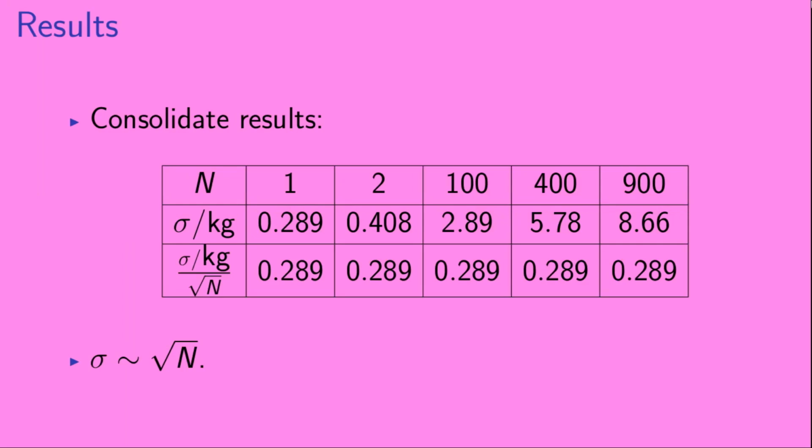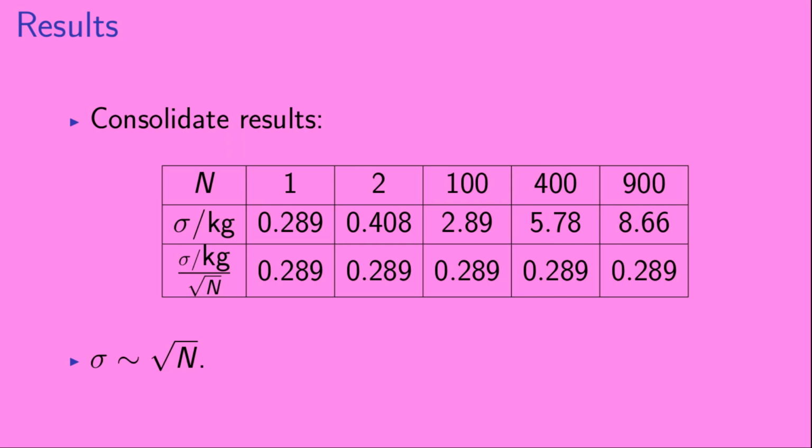Okay, so let's consolidate all of those results. Here we have a table where for each value of n, we give sigma in kilograms, and we give sigma in kilograms divided by the square root of n. And the important thing to see here is that sigma divided by the square root of n is a constant. In all cases, we get 0.289 kilograms.